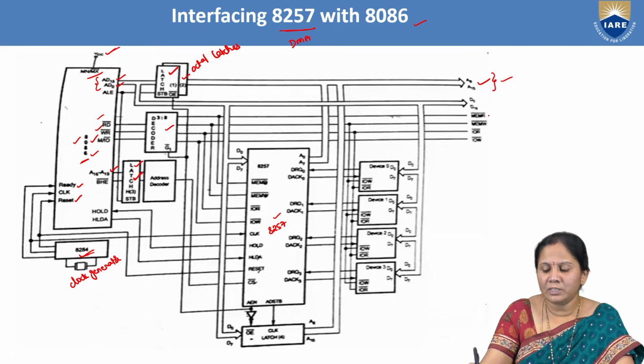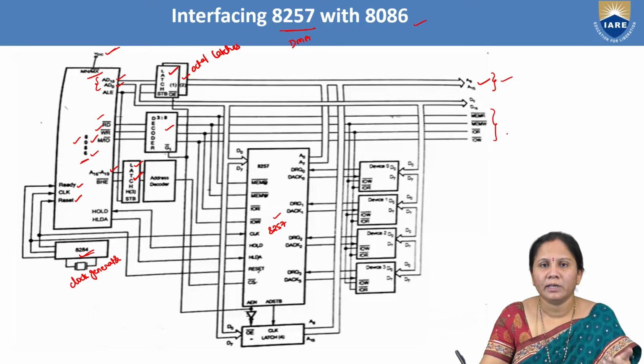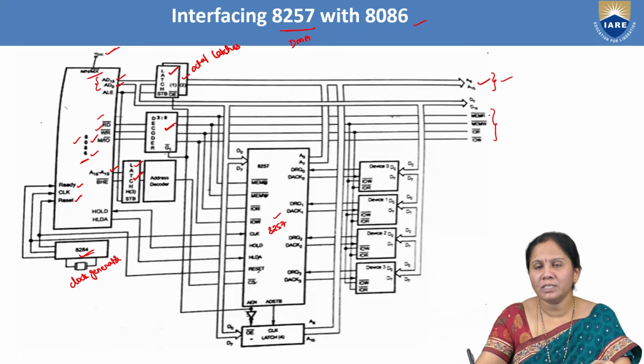The output of this decoder will be the combination of all the control signals, like whether it is read, write, whether it is from the memory or to the memory. So that combination will be decided by this 3 to 8 decoder. The output of 3 to 8 decoder is memory read, memory write, IO read and IO write.